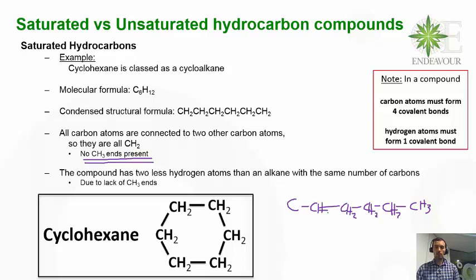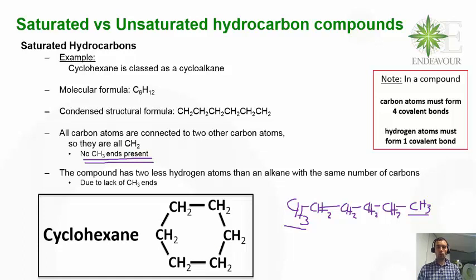And why is that? Well, it's because the straight chain structure has these CH3 ends, whereas the cyclohexane structure has no ends. So essentially the ring structures have fewer hydrogens than the corresponding straight chain structure, because more of the bonds are being taken up by bonding between carbon atoms.